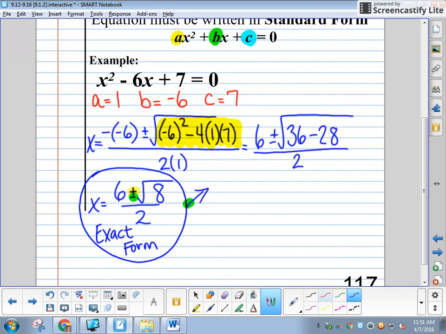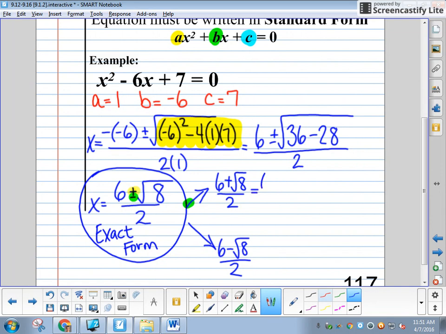So let's do that. Okay, so let's split it up into the two separate answers. So I've got 6 plus the square root of 8 over 2, and 6 minus the square root of 8 over 2. So now I'm going to put the square root of 8 into my calculator to see what I get. The square root of 8 is 2.83.